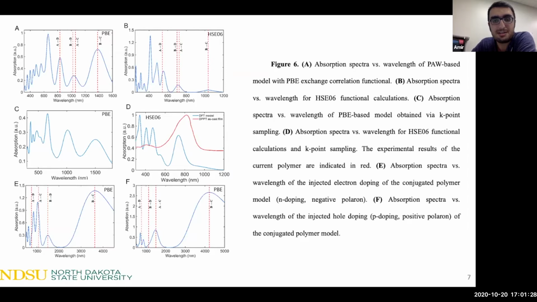However, if we look at the PBE functional, we can see that the peak is much farther from the experimental values. Subfigures E and F are reported for the absorption spectrum of the excited states from the n-doping and also the p-doping.